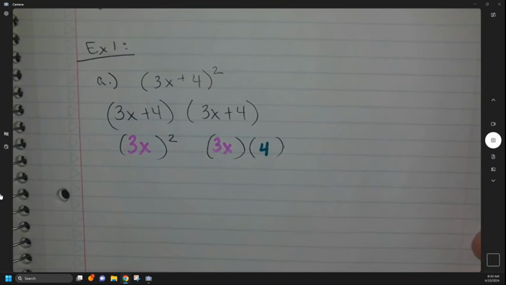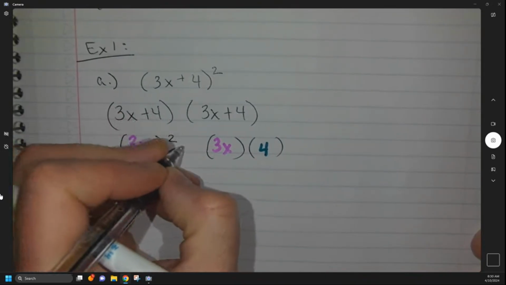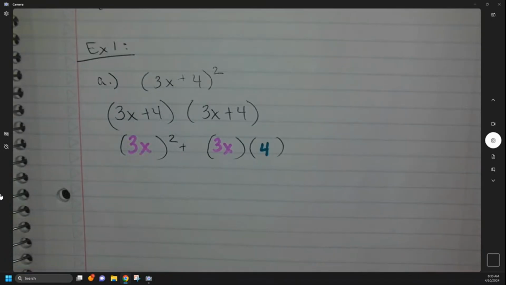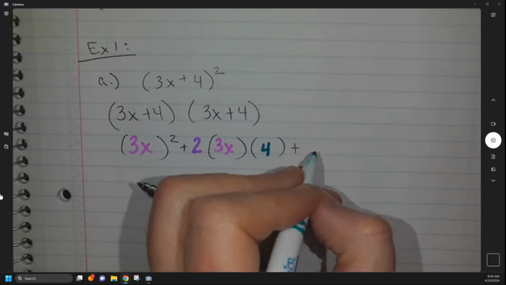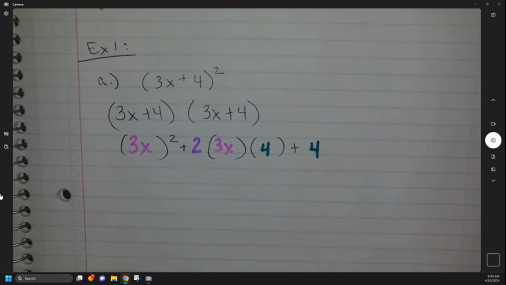And we know that we have two sets of these. So let's use a third color to show our 2 here. Two sets of those. Plus, we've got our last term, 4, and we're squaring it.